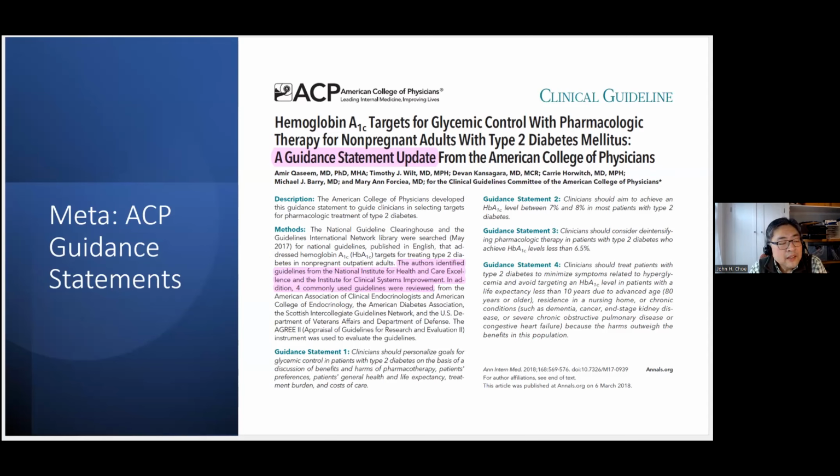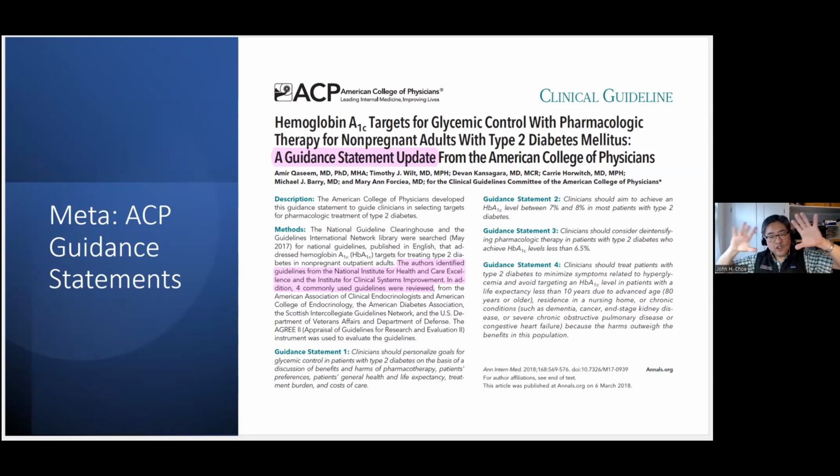ACP, the clinical guidelines committee that I mentioned, also does something called clinical guidance statements, which is a systematic review of existing clinical guidelines. They take questions where multiple clinical guidelines exist, and they go through them with a fine-tooth comb.